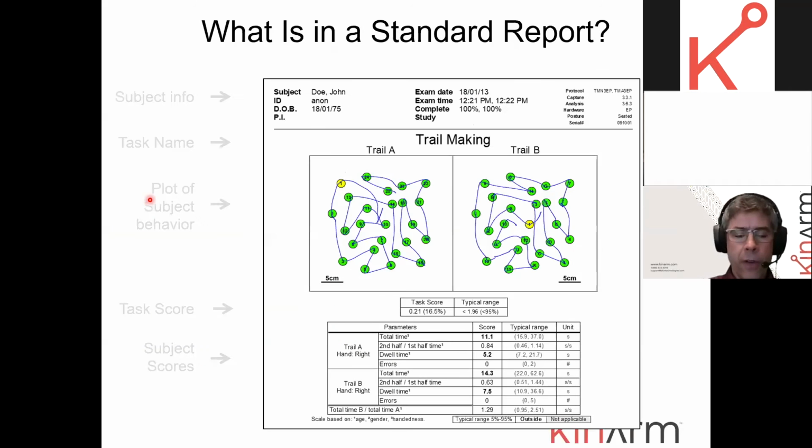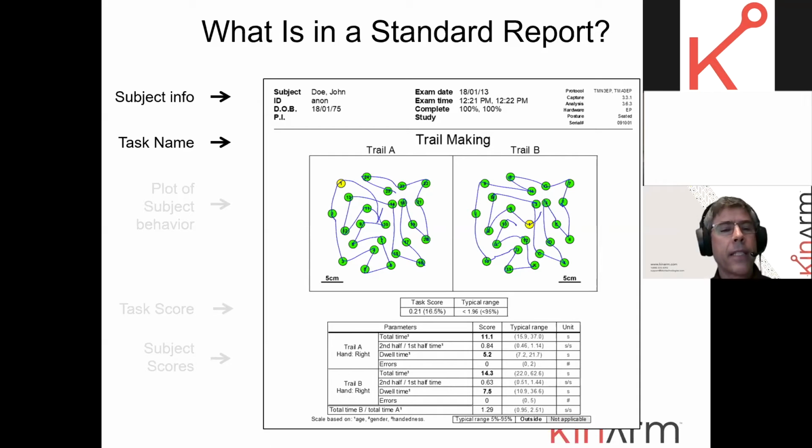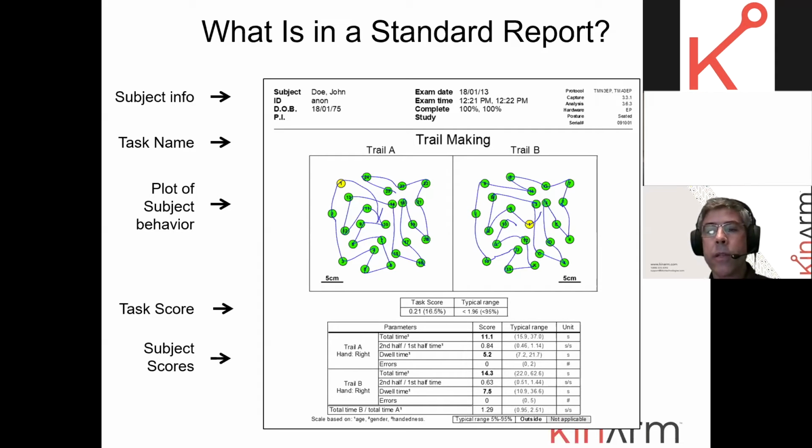I don't know if you've all spent much time looking at reports, but they all contain similar types of information. Each standard report starts with a header. It contains subject information, task name, a plot of behavior, the task score, and then the subject scores.